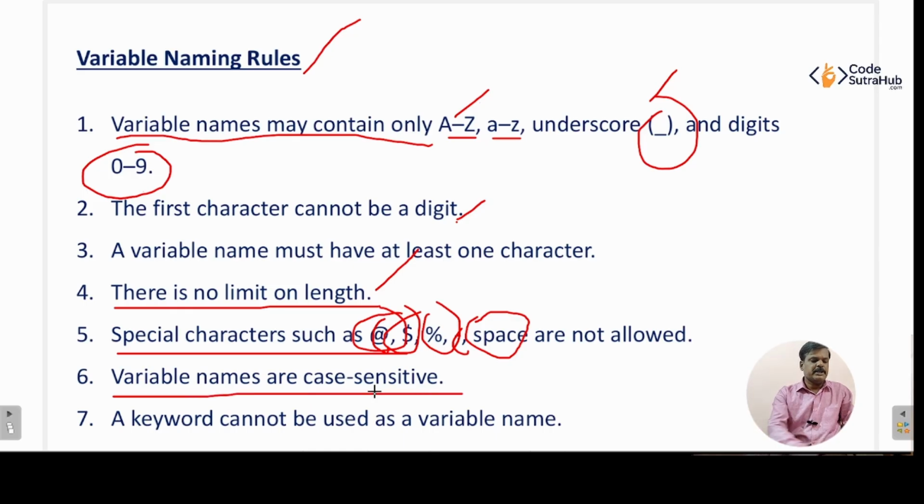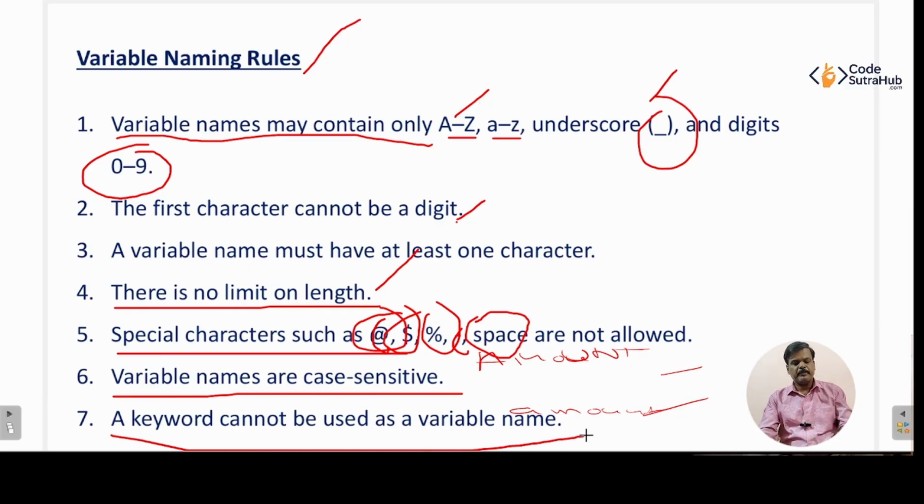This means if you write a variable amount in uppercase and also write a variable name amount in lowercase, these are two different variables. That means the Python language is case sensitive, so uppercase and lowercase are different. Next, a keyword cannot be used as a variable name.